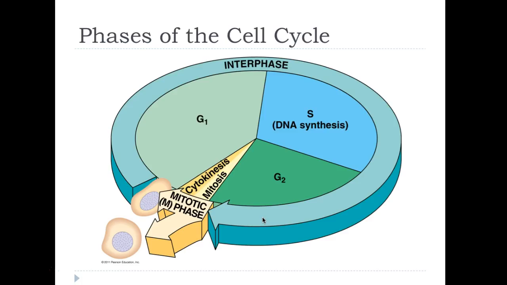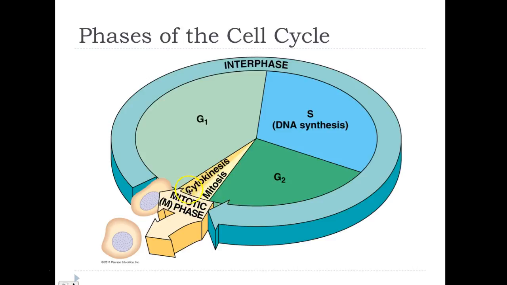If we look at the phases of the cell cycle, the cell cycle includes 2 phases: interphase and the M phase. Interphase is the longest period, as you can see in the figure, the period in which the cell spends the majority of its life. There are three stages in interphase: G1, S, and G2.